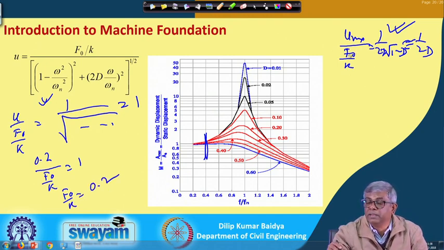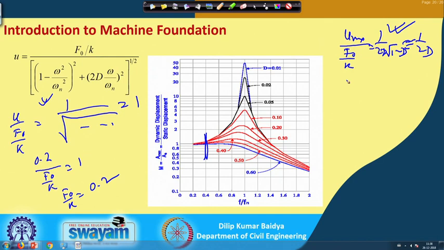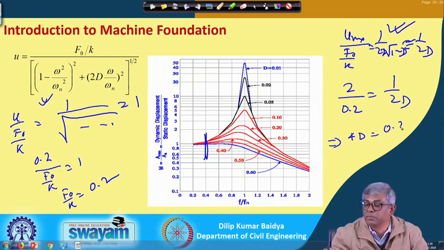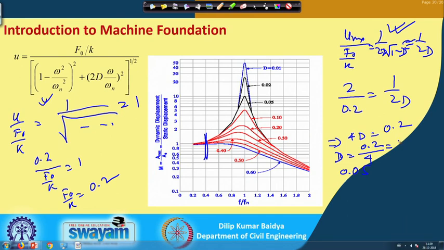And from here, this amplitude was 2 millimeter, so 2 divided by f naught over k, 0.2, equals 1 by 2d, and from here I can get 4d equal to 0.2, or d equals 0.2 divided by 4, so equal to 0.05, or you can say it is 5%.